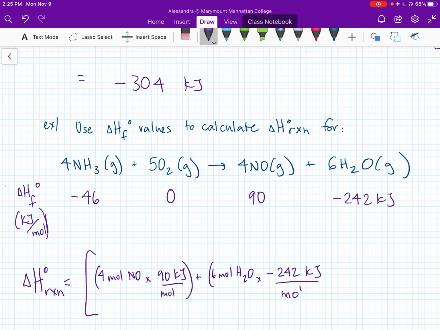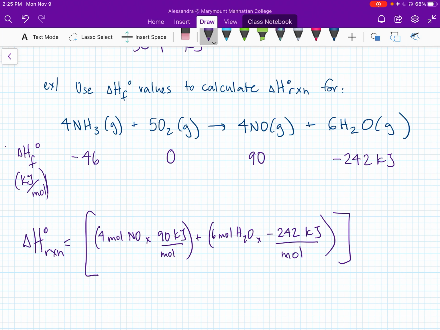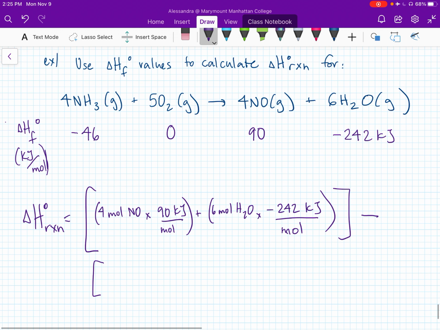Remember, it's products minus reactants, so that takes care of my products. I'm going to now subtract the same thing for the reactants. I have 4 moles of ammonia, and I'm going to multiply that by minus 46 kilojoules per mole, which is the standard heat of formation for ammonia.